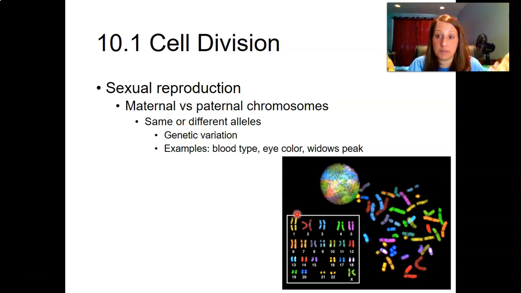How is that possible? It is. You may not have the same blood type as any of your siblings. You may have blue eyes and one of your siblings may have brown eyes, and maybe both your parents have brown eyes. That's also possible. So sexual reproduction leads to genetic variation.